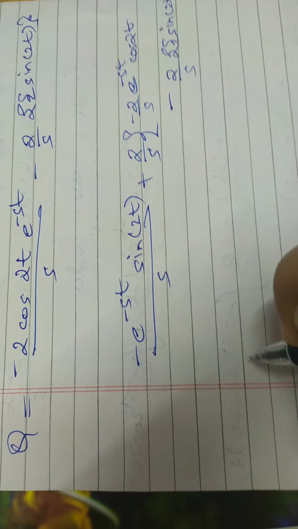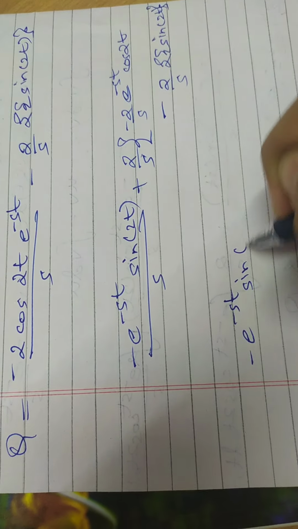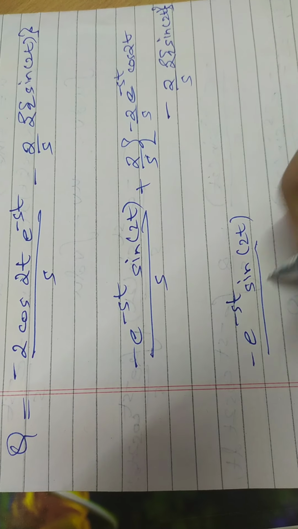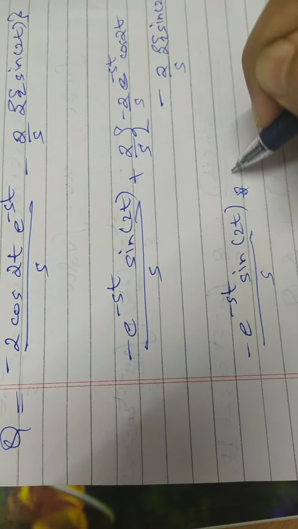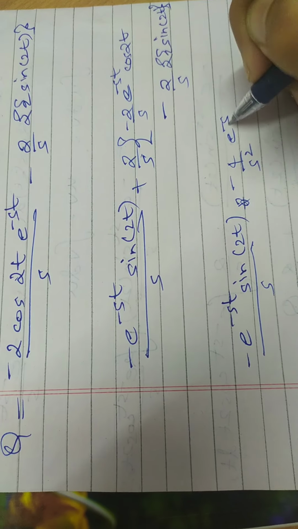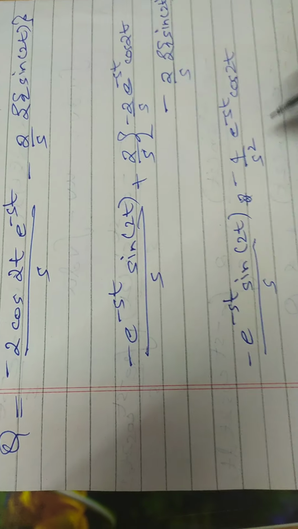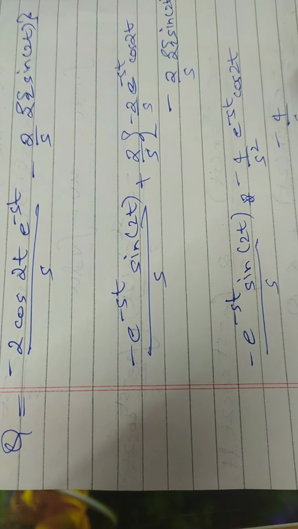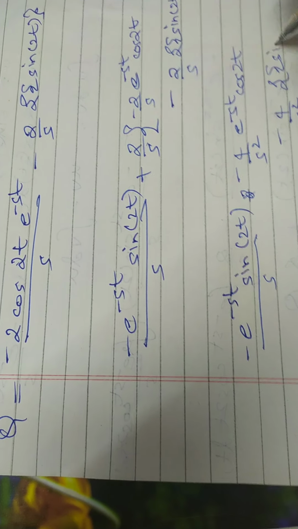So what we do is minus e power minus st sine of 2t by s plus minus 4 by s square e power minus st cos 2t minus 4 by s square Laplace transform of sine of 2t.